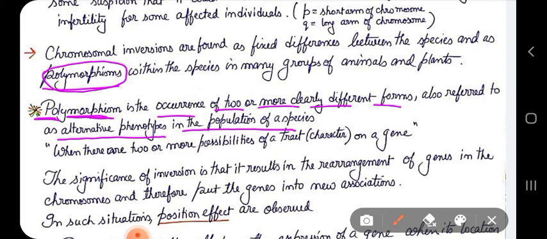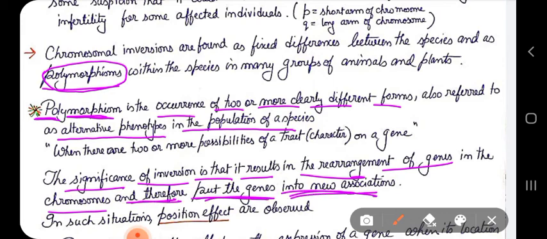So it has been written that the significance of inversion is that it results in rearrangement of genes. By doing inversion, we are rearranging the genes in chromosomes, and therefore putting those genes into new associations. And in such a situation, we can also find the position effect.